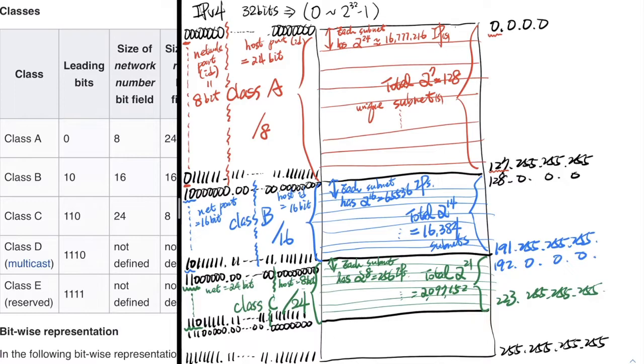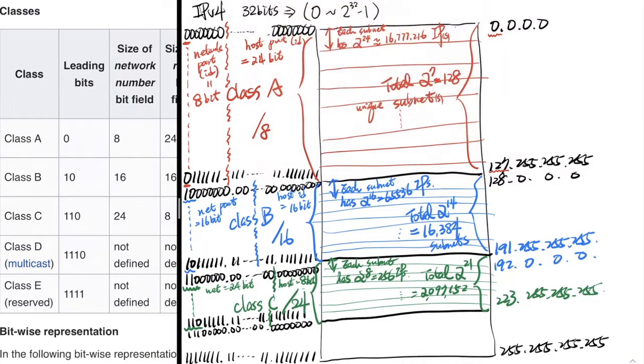So in the early days they used different classes to divide the entire IP spectrum into different subnets and distribute those IPs to different organizations. That is one of the things you need to know.